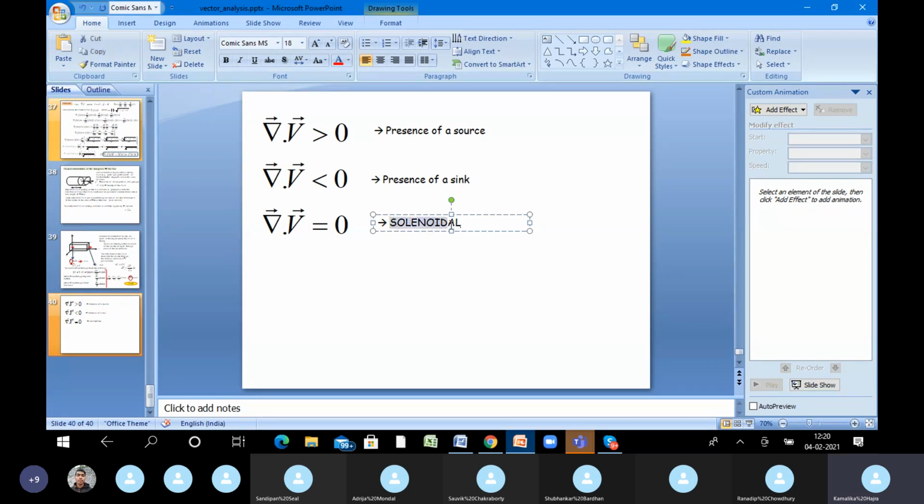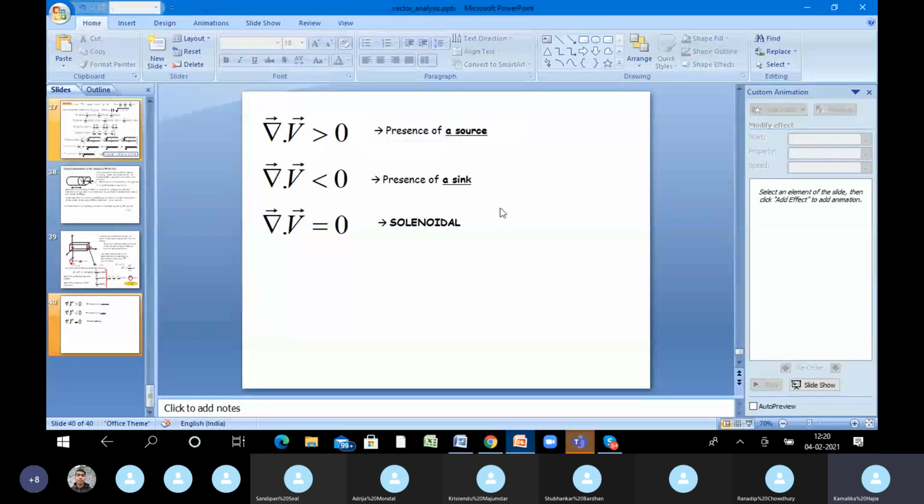Now, have you heard this word solenoidal before? It usually indicates the shape of a coil. So does it have any relation to that? Actually, yes, a coil is often called a solenoid.